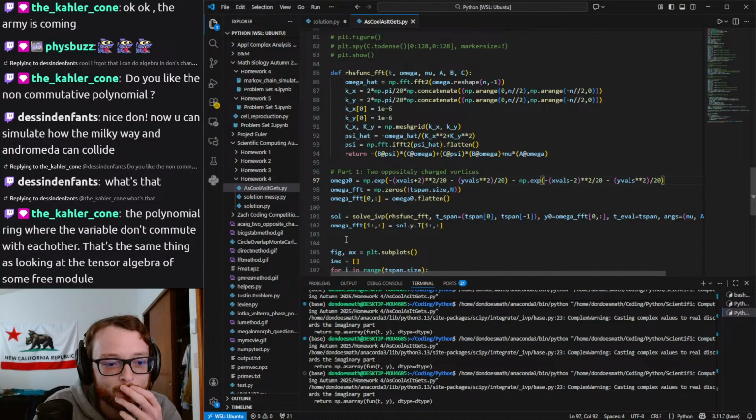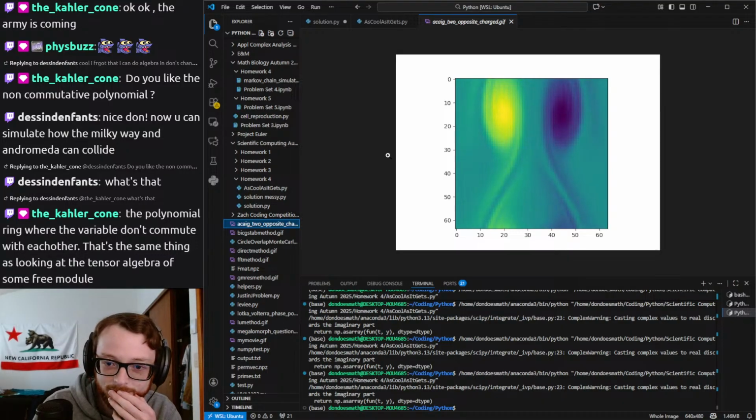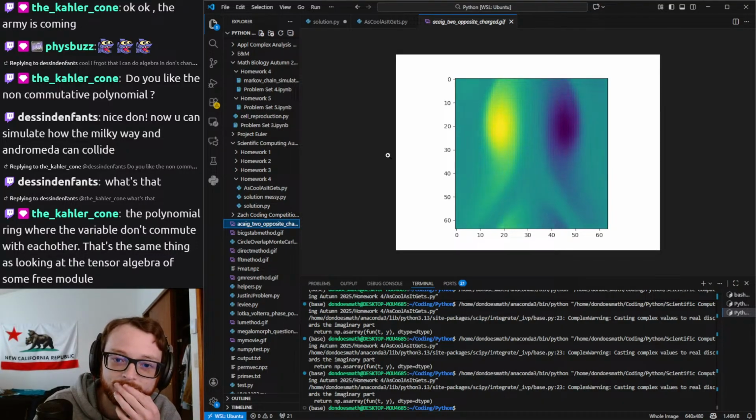I don't know if function transformations work anymore. We're just gonna guess and check. That does make them bigger. This is really low resolution now, I feel like.